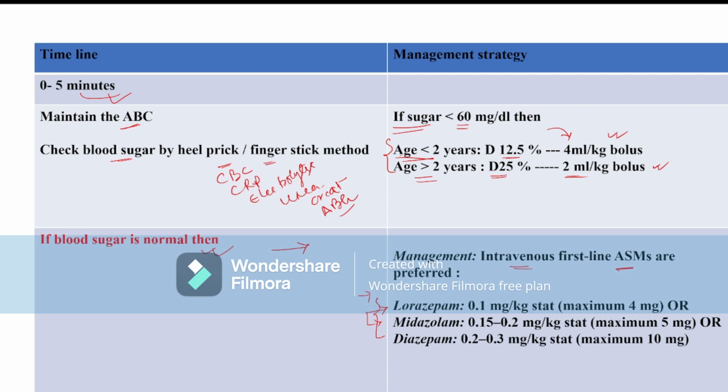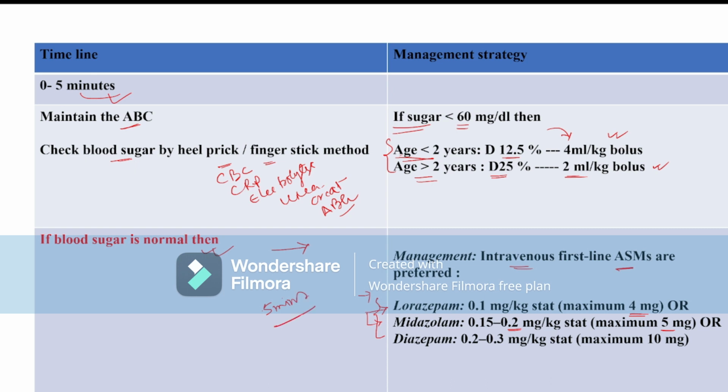It is given slowly. Maximum you can give up to 4 mg. For midazolam, you can start with 0.15 to 0.2 mg. It is better to give 0.2 mg, or maximum you can give 5 mg in a bolus dose, slowly IV, and it is given over 5 minutes.